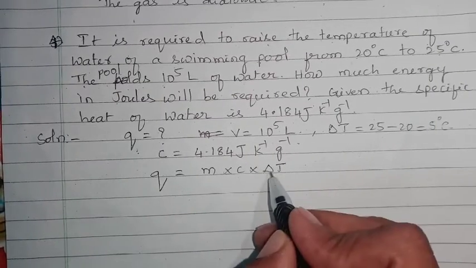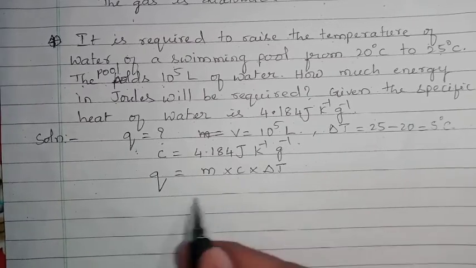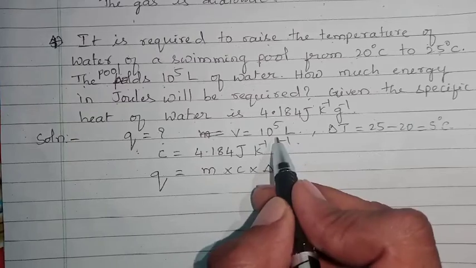We know C and delta T, but we don't know M; the volume is given, so we convert the volume of water to mass.